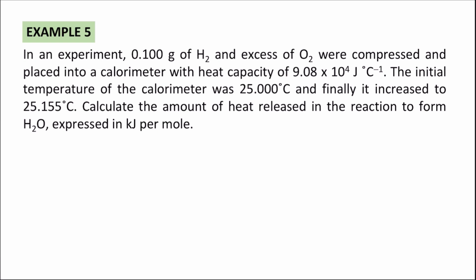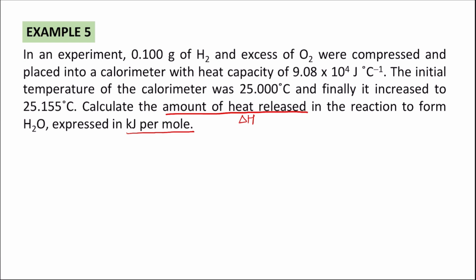The initial temperature of calorimeter is this one and finally increase to this one. So kita boleh cari delta T nanti. And then dia minta awak calculate the amount of heat release. So dia minta awak calculate delta H in the reaction to form H2O. Dan dia minta specifically in kilojoule per mole.